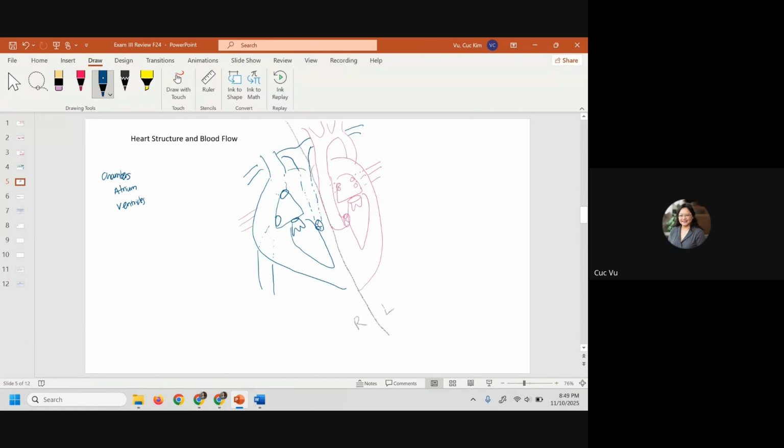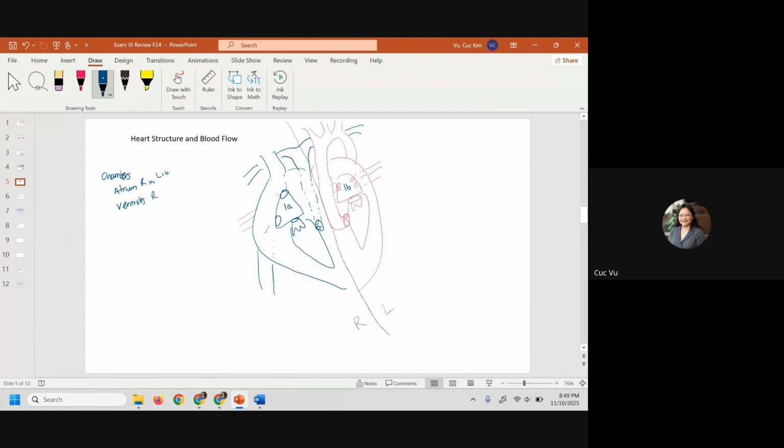So the right is number 1A, and the left is 1B.